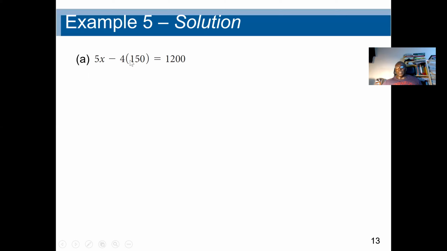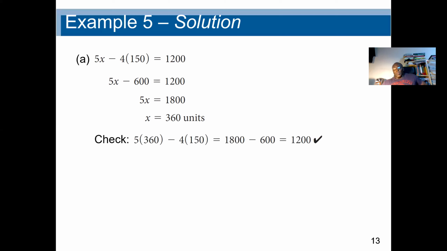So we plug it in for P and we get 600. We use plus 600 on both sides. We get 5x equal to 1,800. Then we divide everything by 5. We get 360. Now we can check the answer by plugging the value of x in the equation, see if it will balance.